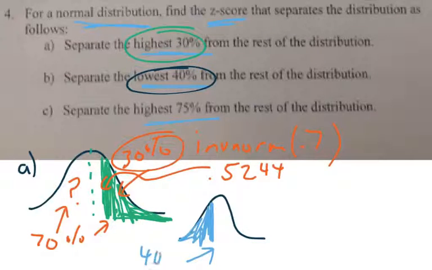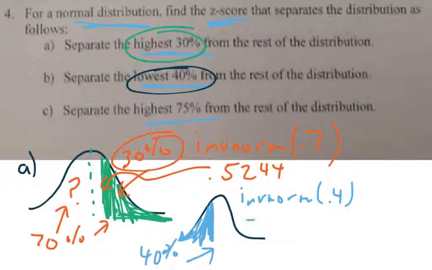What am I going to do to figure that out? I'm going to do inverse norm 0.4. I'm counting from negative infinity all the way up to that 40% rank level. Pause the video real quick and do inverse norm 0.4.